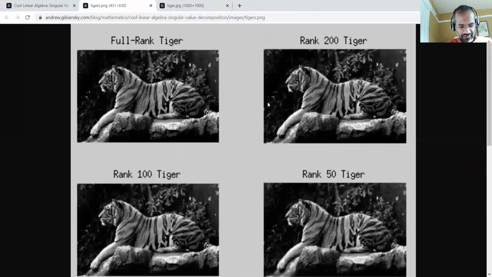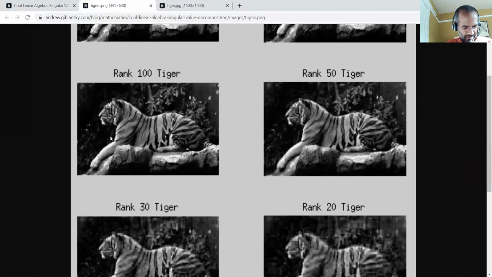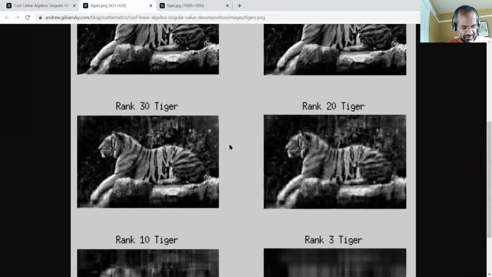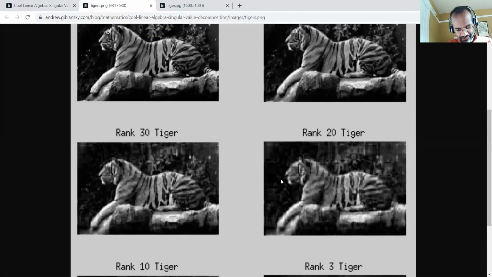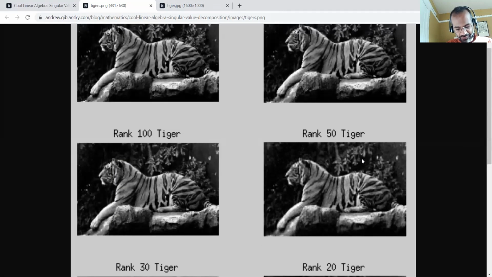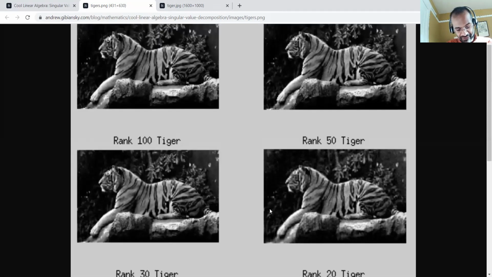So this is a full rank tiger, rank 200 tiger, rank 100 tiger. And you can still see that it's a tiger all the way down to a rank 10 tiger, actually. Rank 3 tiger is not looking so good anymore. So the point is you can throw away information while still basically preserving what the image looks like.